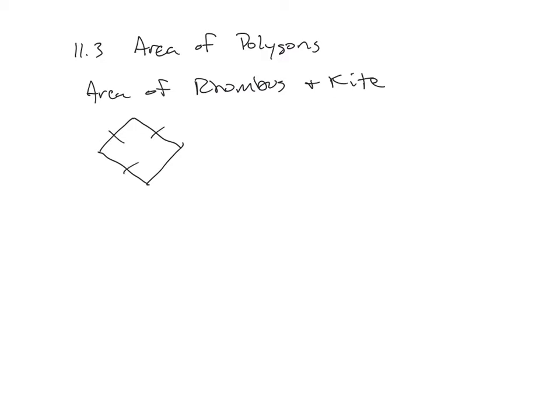A rhombus has 4 congruent sides, and a kite will have 2 pairs of congruent sides but not opposite sides. So if opposite sides were congruent, then we have a parallelogram. But a kite is consecutive sides, you could say also, because the 2 here on the left and the 2 here on the right.